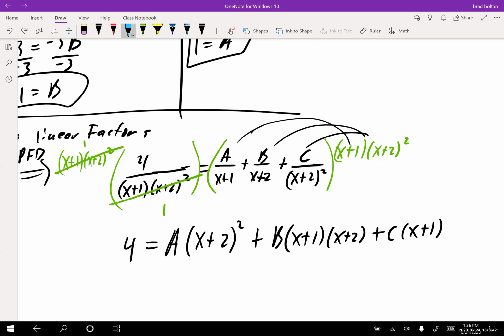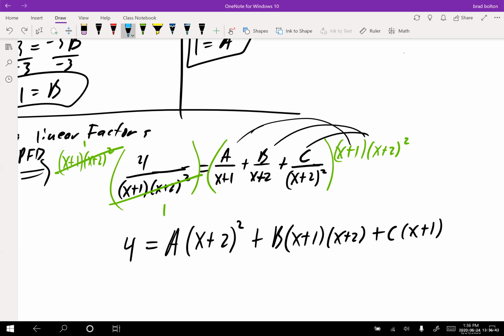Then when I do it with this one, this cancels with one of these, and I'm still left with these two. And then this cancels with this one, and I'm left with (x plus 1) squared. And that's where I'm getting these factors, by the way.